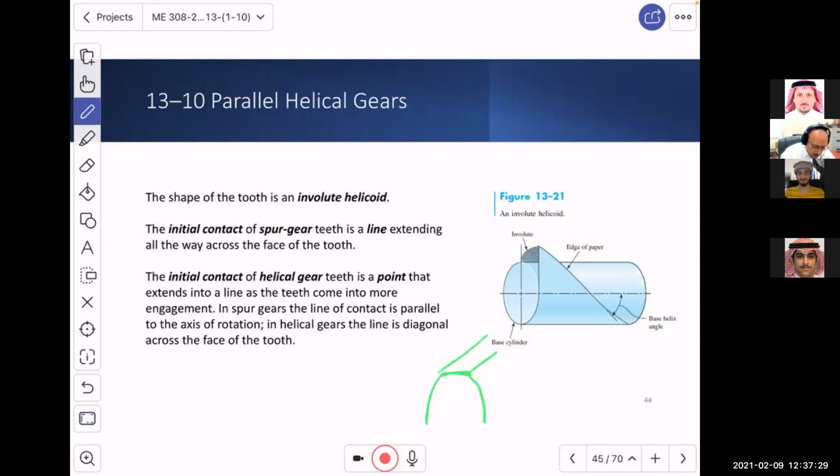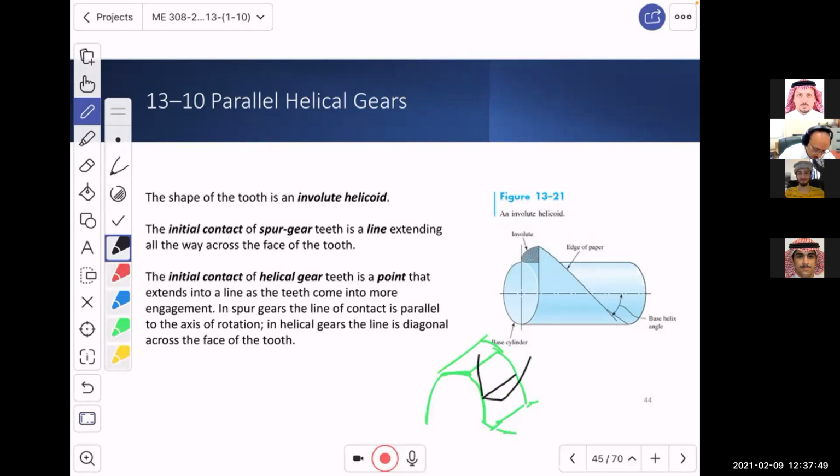With a spur gear, we have a face for the teeth, and when the other gear comes in contact, it touches here, the whole line. So the other gear is like this.